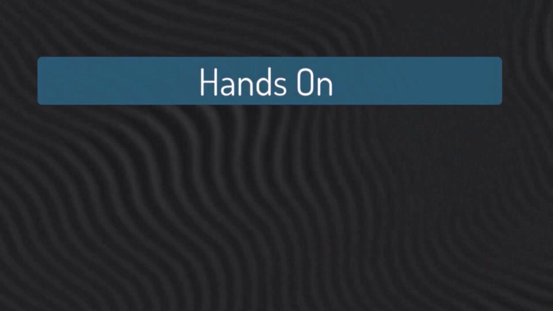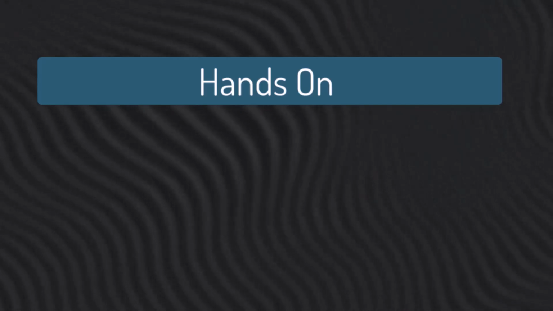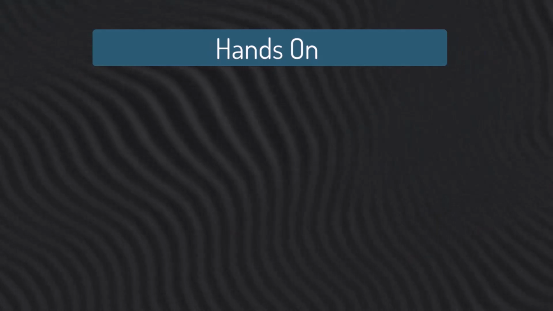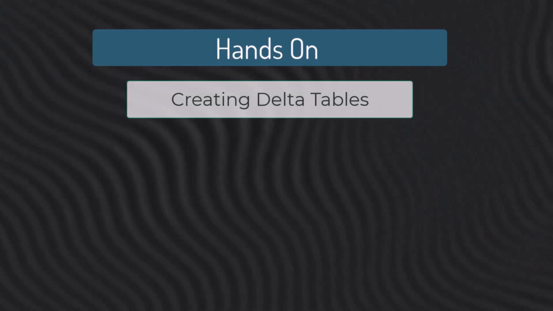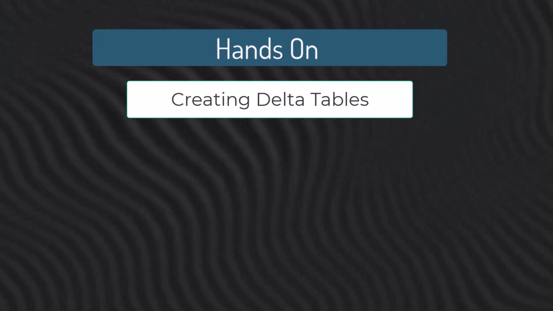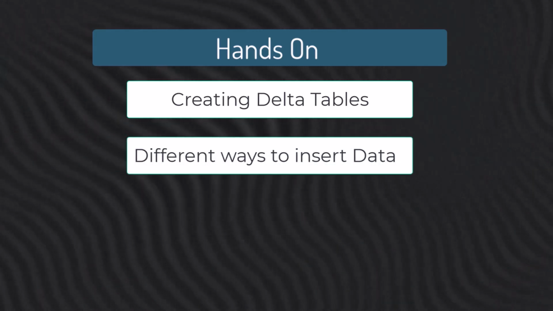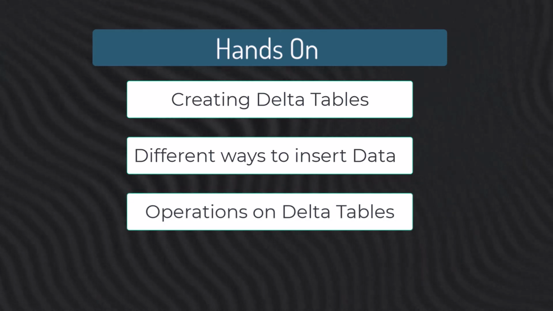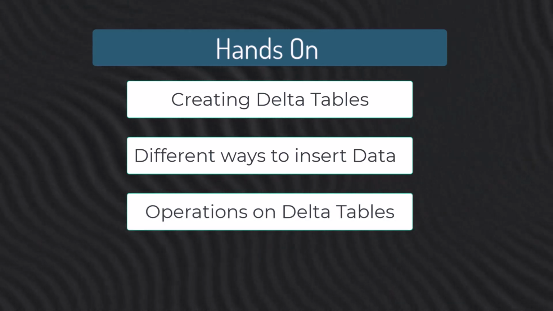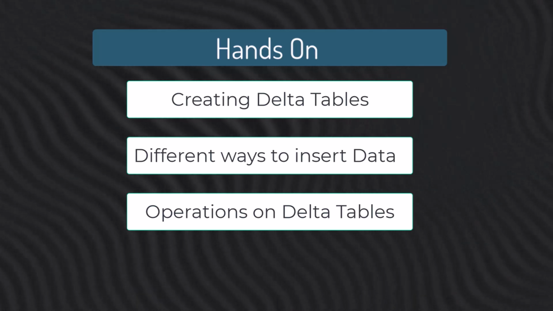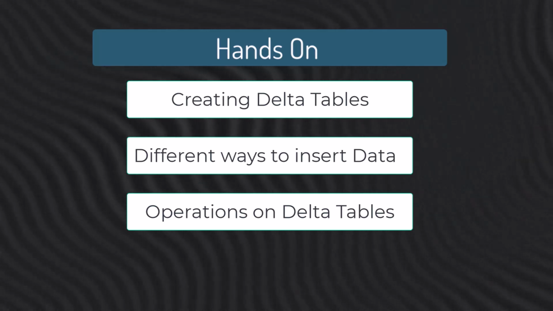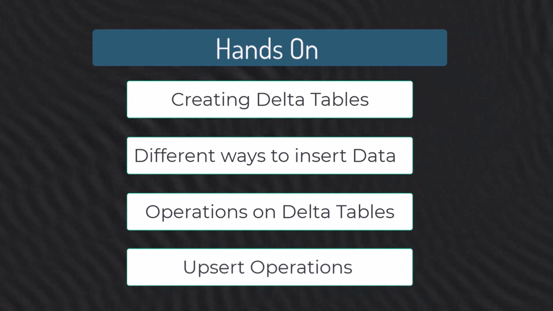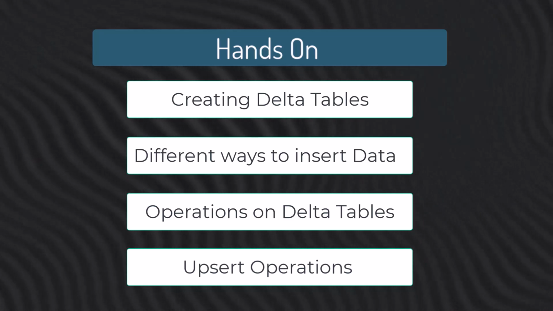So in the hands-on part, using the Databricks Community Edition, I will be demonstrating basic operations on Delta Lake, starting with creating Delta tables, different ways to insert the data in Delta tables, and then operations like updates and deletes, etc. on Delta tables. And last but not least, we will also be having a hands-on lesson on the upsert operations on Delta Lake. You don't have to worry, we will be covering all these things in detail.